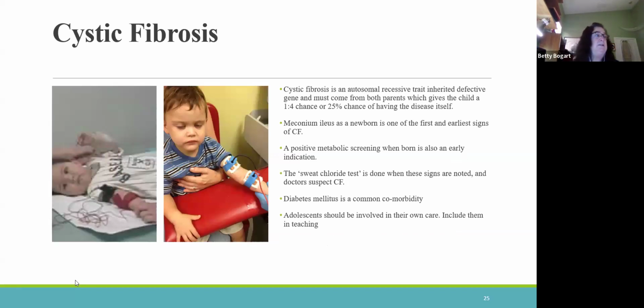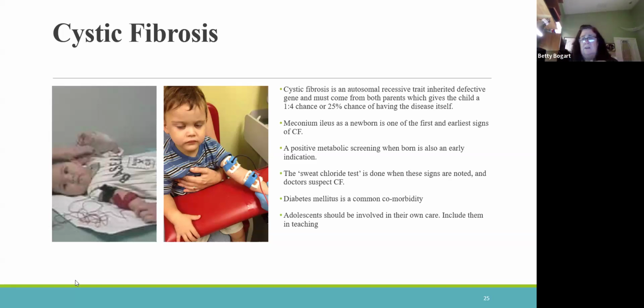Cystic fibrosis. Cystic fibrosis is a multi-system problem. It has to do with electrolytes. It has to do with mucus in the lungs.